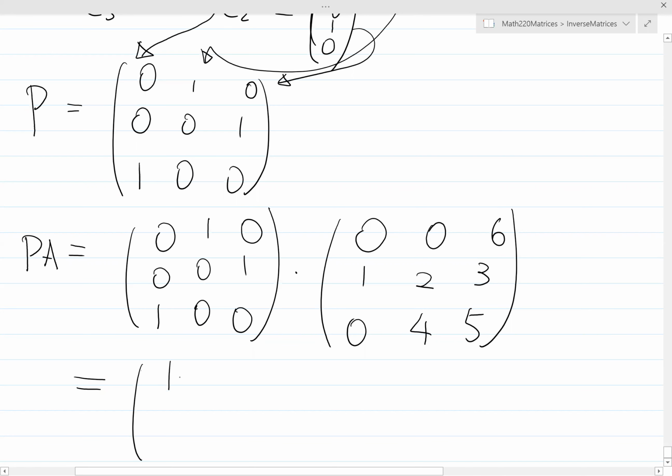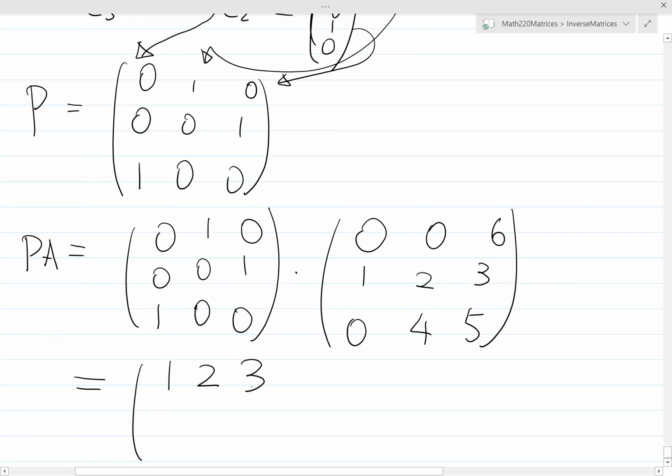The first row, 0, 1, 0, times the second column, 0, 2, 4, you get a 2 here. The first row 0, 1, 0 times the third column, you get 3.